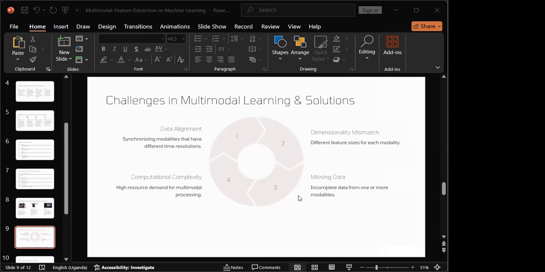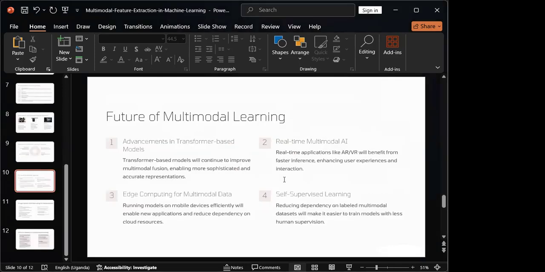Next, we have the future of multimodal learning: advancements in transformer models, edge computing for multimodal data, real-time multimodal AI, and self-supervised learning.